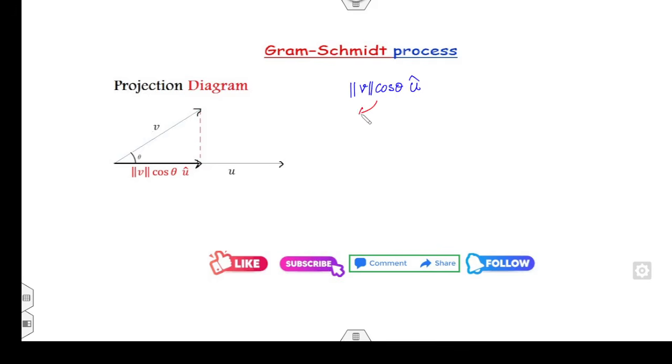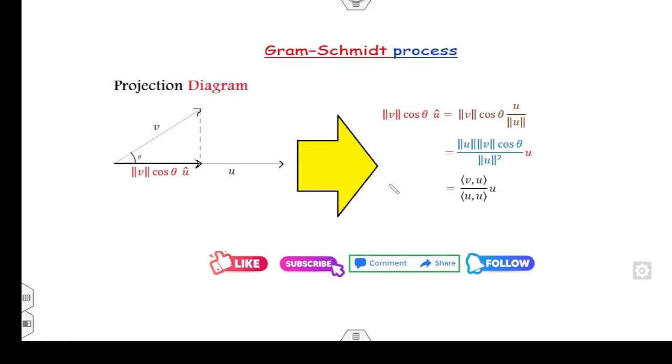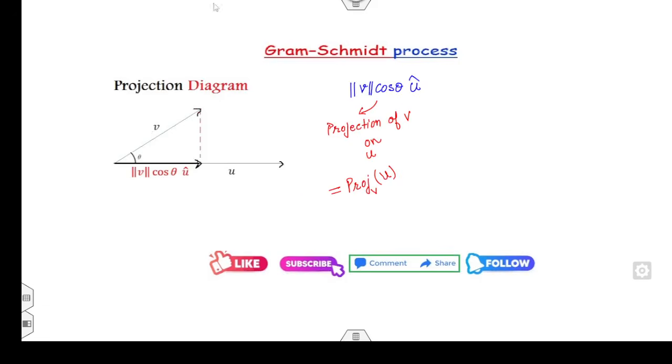This is called the projection of v on u, and we can denote it as proj, the projection of v on u.